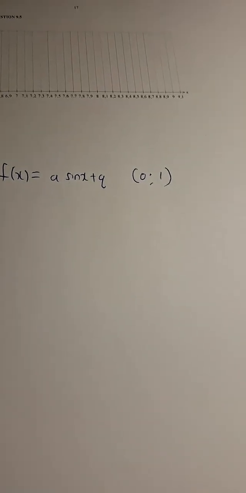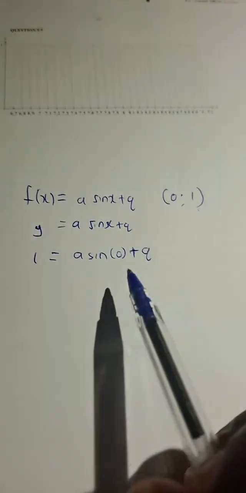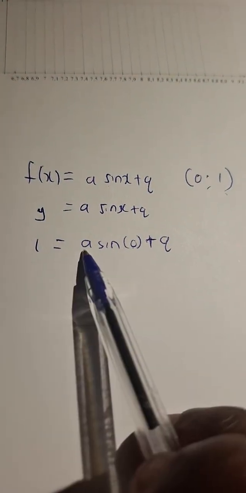If we have points 0 and 1, which is the y-intercept, we can say y is equal to a sine x plus q, then 1 is equal to a sine 0 plus q. What you will notice is that sine 0 is 0. 0 times a will give us 0. So that means our q value is equal to 1.